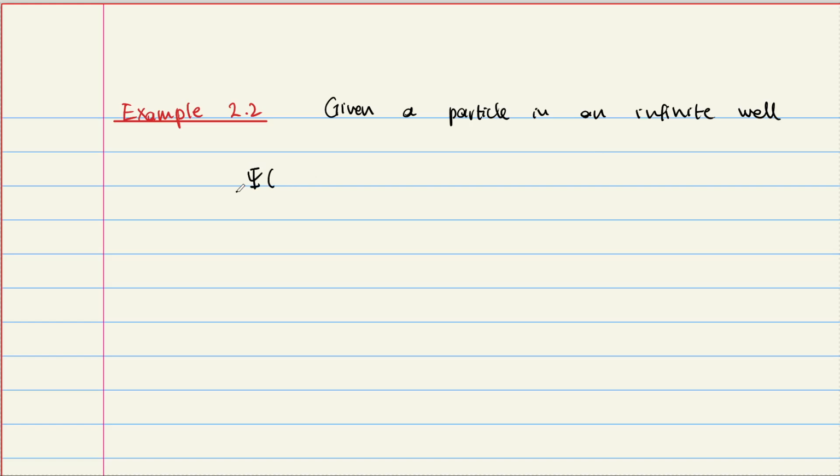How we prepare it does not concern us at the moment, but hypothetically suppose this is the initial state. This is some constant times x times a minus x if x is inside 0 to a, and 0 otherwise.